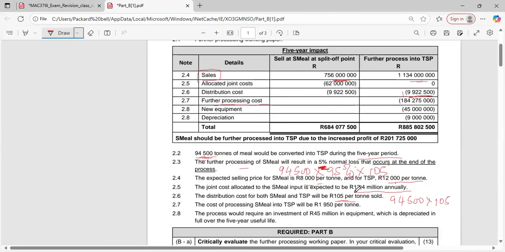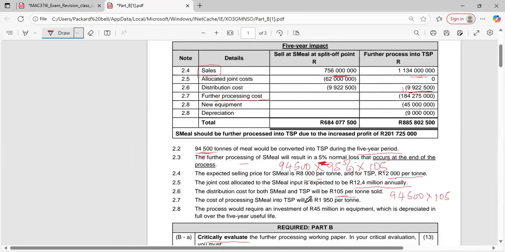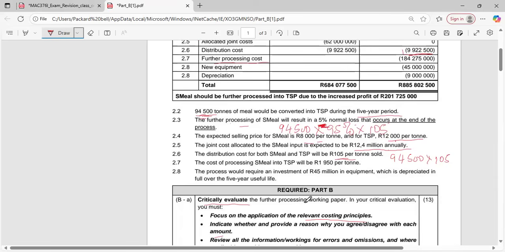Who was further processed here? The cost of processing S meal into TSP will be 1,150 per ton. What are we going to do here? S meal is going to be processed into... is going to be 1,950,000.